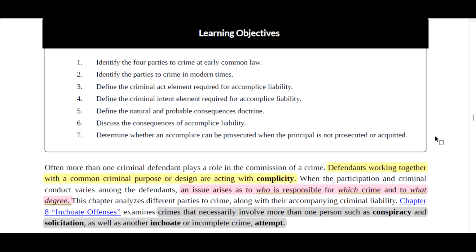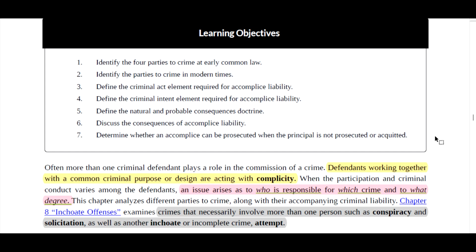It gets a little fuzzy, and so when participation in criminal conduct varies among defendants, and notice I highlighted this in red, an issue arises as to who is responsible for which crime and to what degree. This is the important piece, and this is why we're talking about parties to crime.